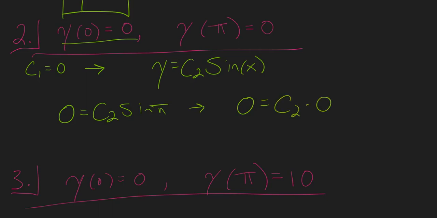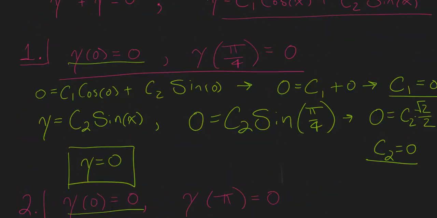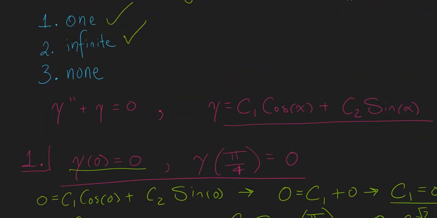For what inputs of c2 will this equation be true? You can plug any real number on the entire number line into c2, and both sides of the equation will be equal. So we have an infinite number of solutions, generalized as y equals c2 sine of x. That was our second category.